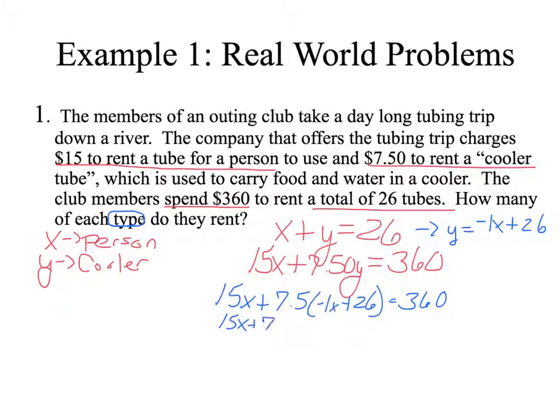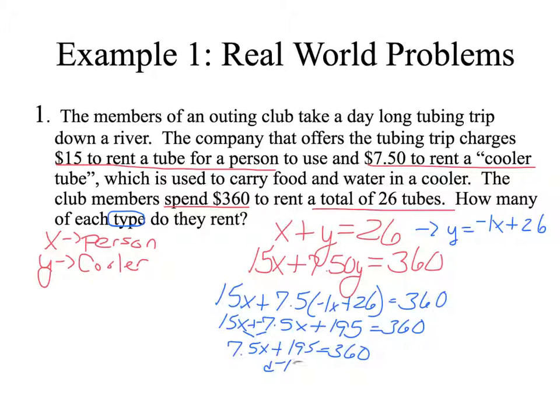15x plus 7.5 times negative x is negative 7.5x, plus 7.5 times 26 is 195, which equals 360. Combine my like terms. 7.5x plus 195 equals 360.